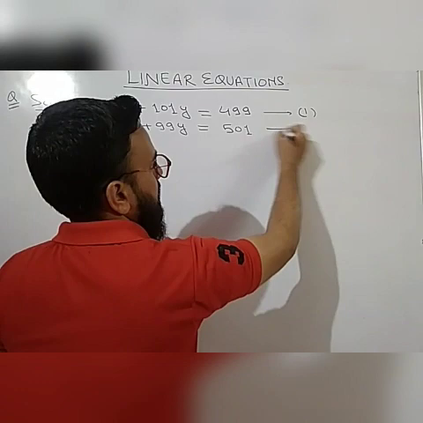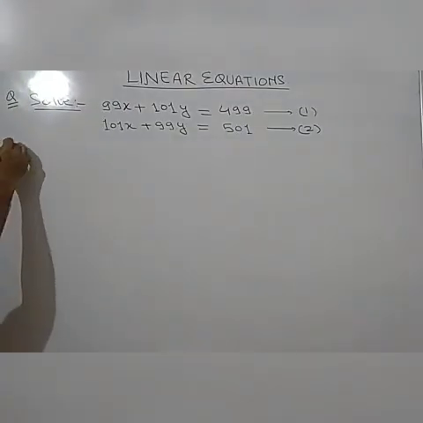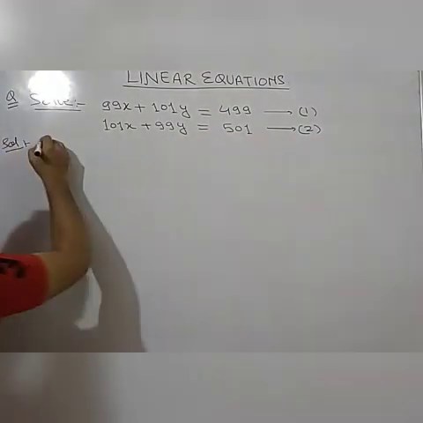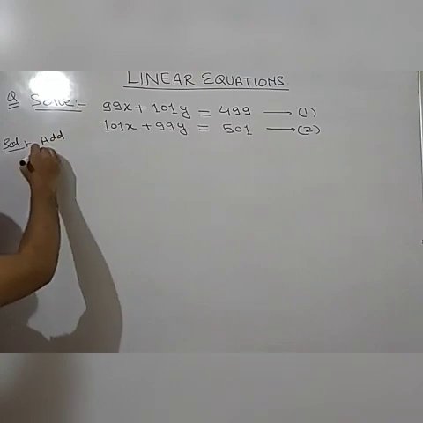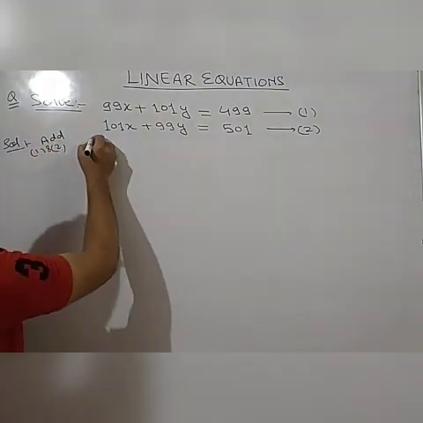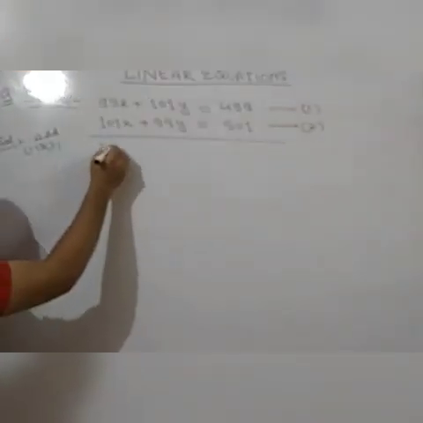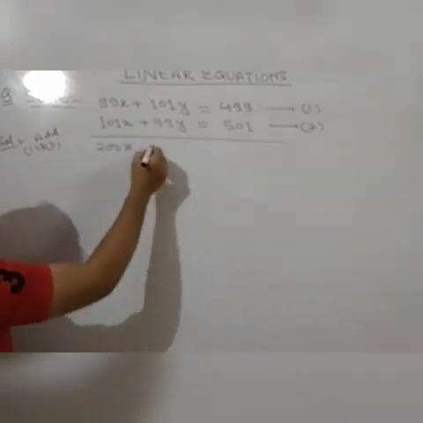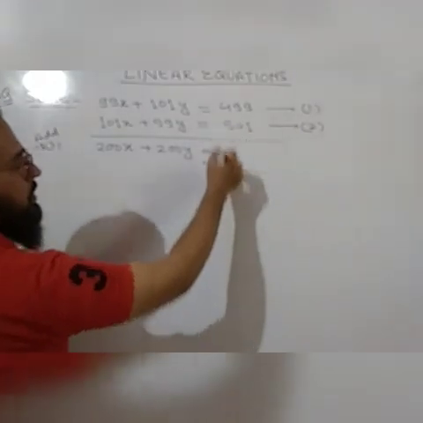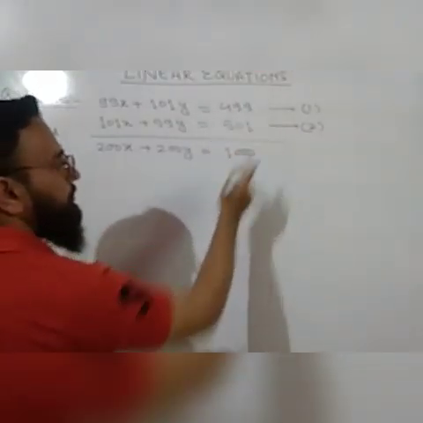Let us take it is equation 1 and this is equation number 2. So first we will add equation 1 and 2. By adding equation 1 and 2 we will get 101 plus 99, it will be 200x. 101 plus 99, it will again be 200y is equal to 501 plus 499, it will be 1000.